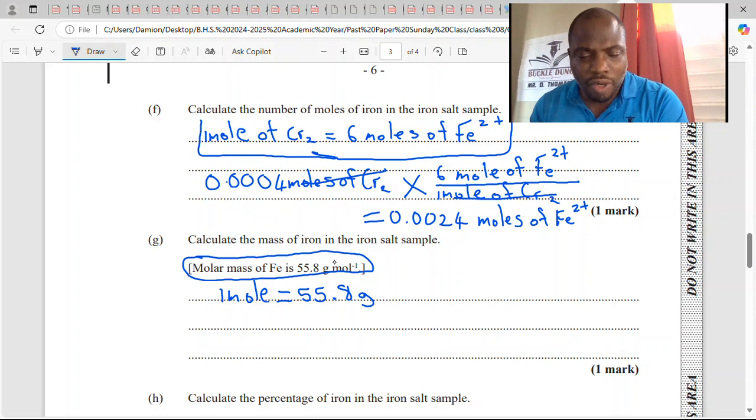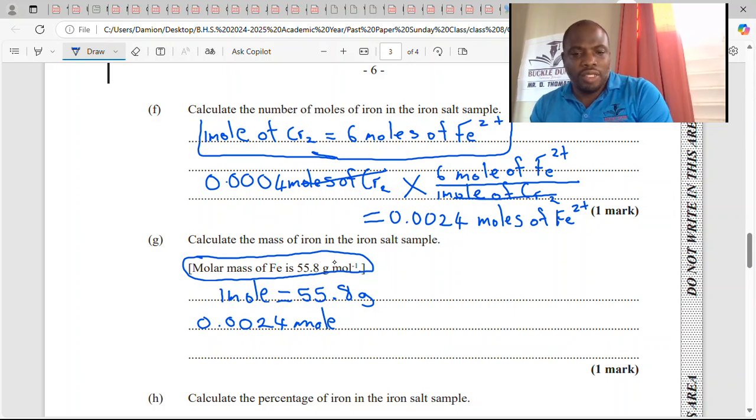But I did not have 1 mole. I have 0.0024 moles. Will this be less than the 55 or more than the 55? Less. Yes, wonderful, because if 1 mole weighs this, and this is nowhere near even 1 mole.